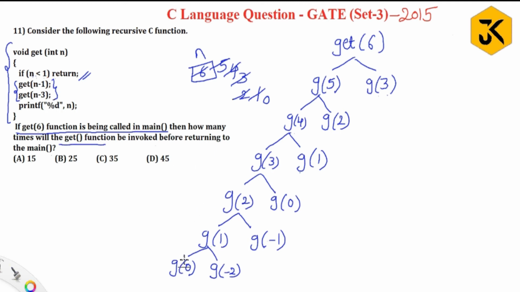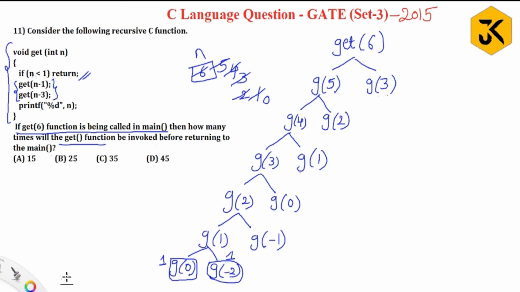See here, get of 0 executes one time, and get of minus 2 executes how many times? Minus 2 is less than 1, so it stops the process, so it is also one time. Now for get of 1 to complete, it has to complete get of 0, get of minus 2 and get of 1 itself. Get of 0 one time, get of minus 2 one time, and get of 1 one time.